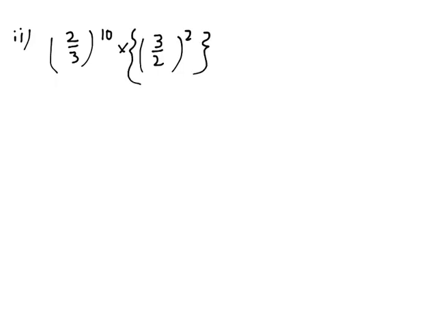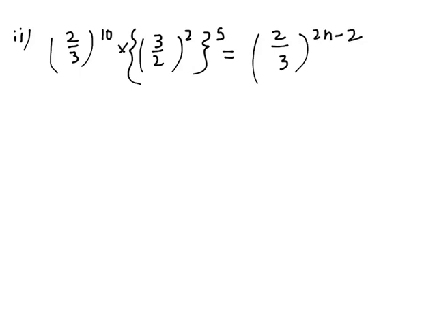(2/3) raised to the power 10 times (3/2) raised to the power 2, all raised to the power 5, is equal to (2/3) raised to the power 2n minus 2.